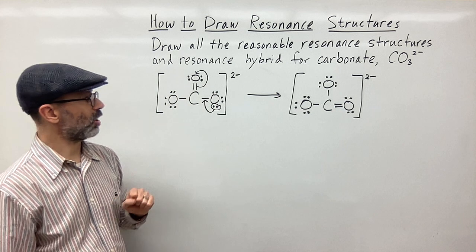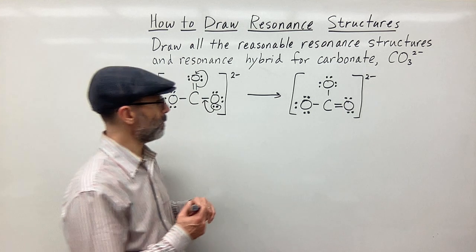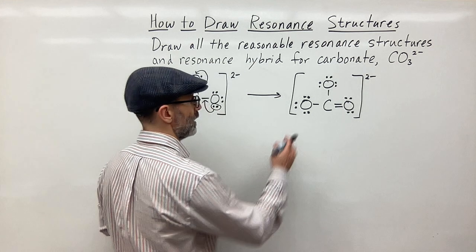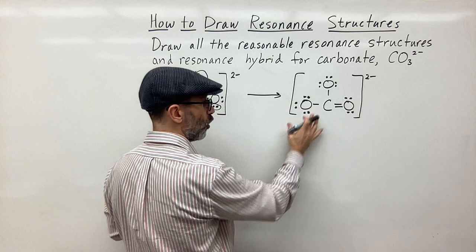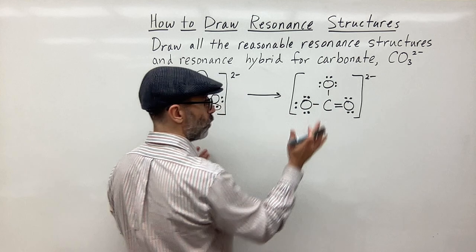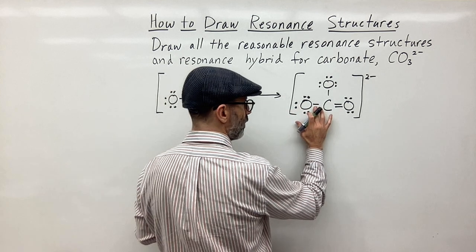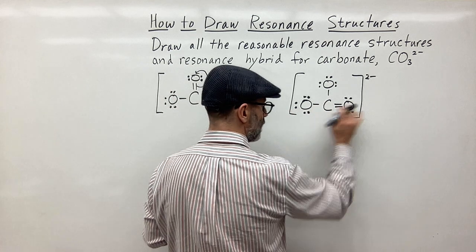But that's not all. You can still move the electrons around. For example, what could happen is these electrons on this oxygen can also move, and you can move an electron pair to create a double bond there. But once again, if you create a double bond there, then that's going to push these electrons back onto this oxygen.